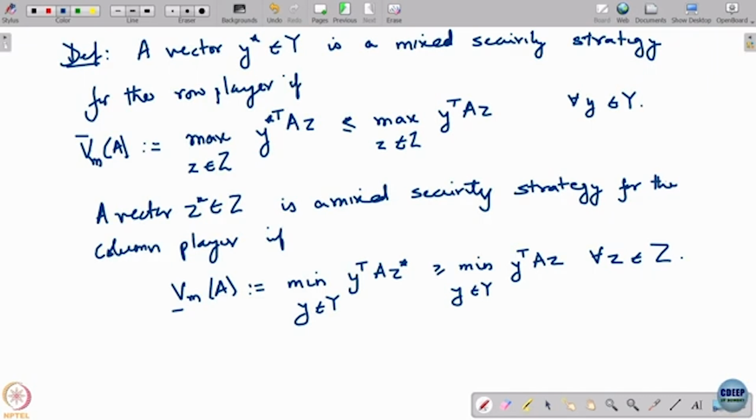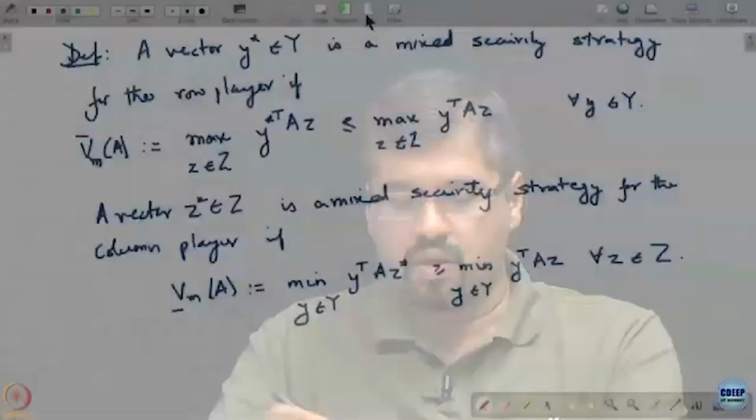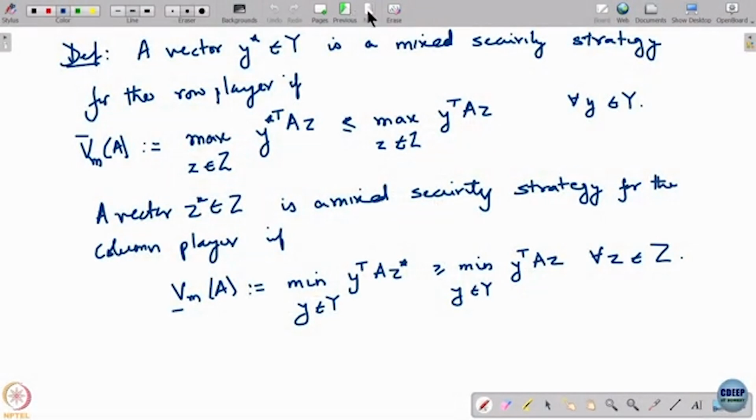Along with the question of existence, we also have the question of whether mixed security levels can be thought of as well defined. All right. So this needs some amount of analysis. You need to show that there actually exists a mixed strategy for each player. But assuming there exists one, we have the same properties that we had earlier.